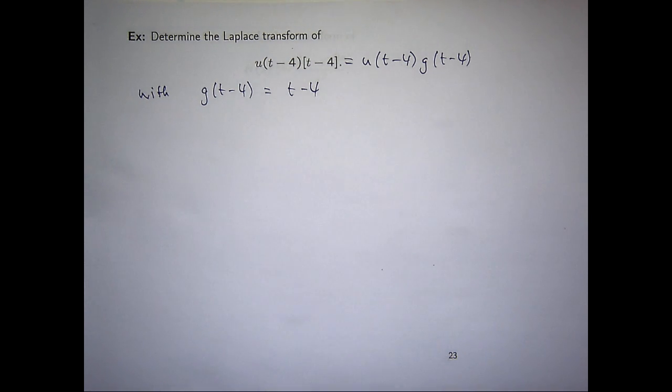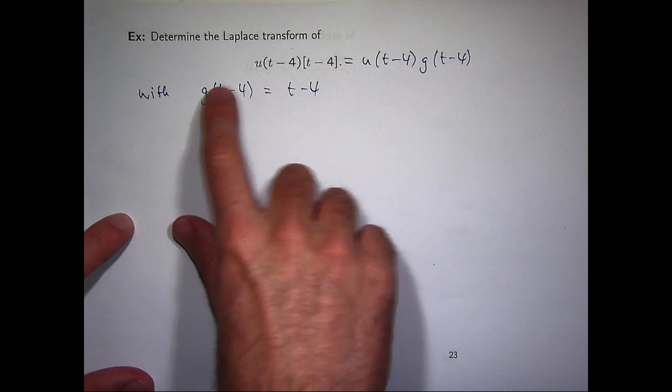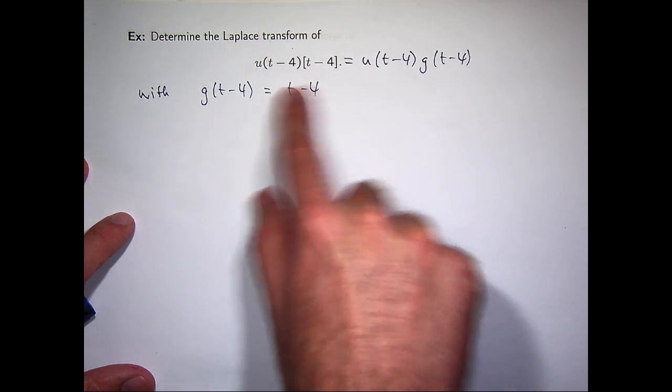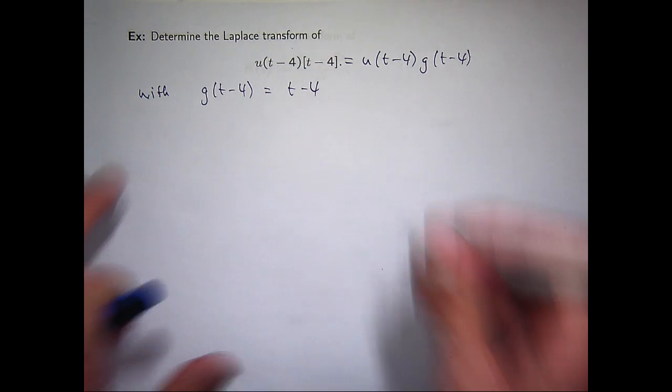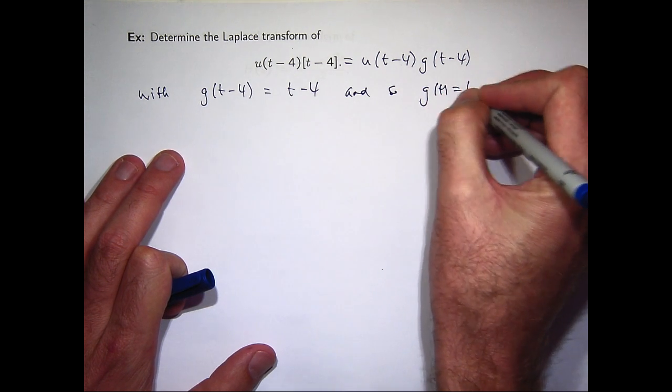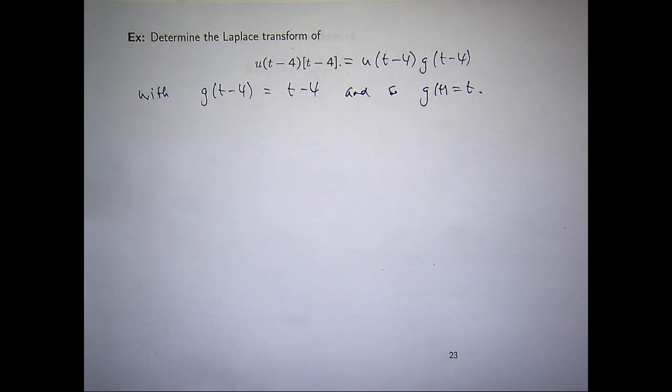So if g of t minus 4 equals t minus 4, what's g of t? T, right. Whatever's in here is exactly here. So if I replace this with t, I replace this with t. So g of t equals t.